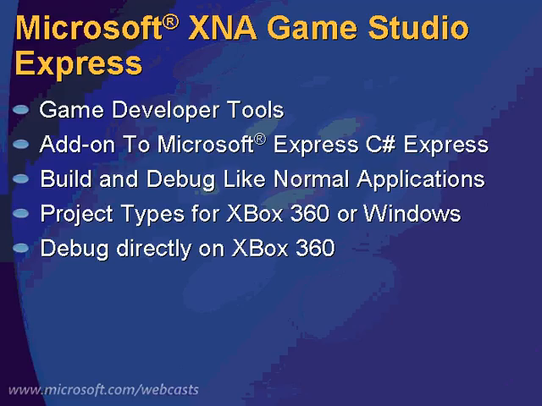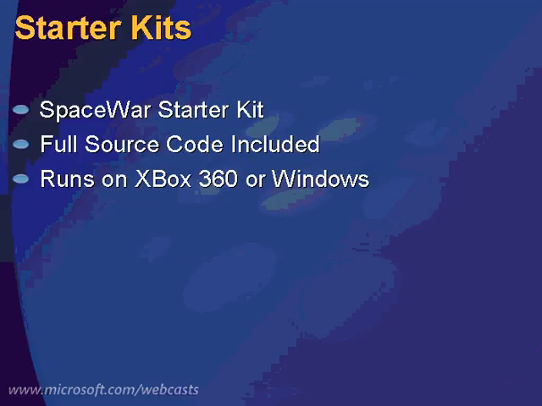Now this brings us to this concept of once we have it in XNA Game Studio Express, what can we do with that? Well, to begin with, we actually have starter kits to learn about building games. The first one that's been shipped with XNA is the Space War Starter Kit, and it includes all of the source code.